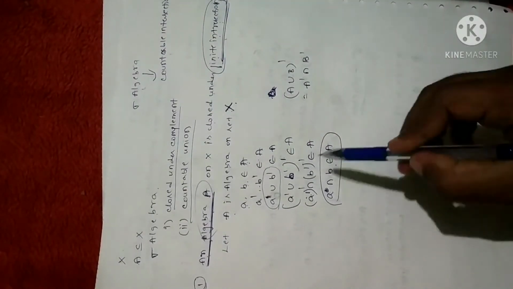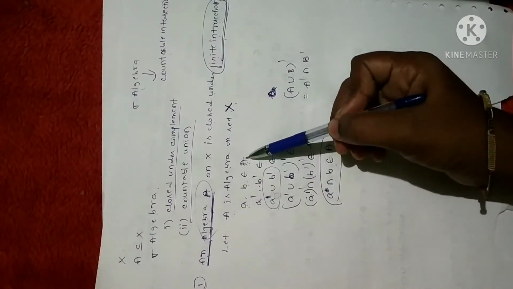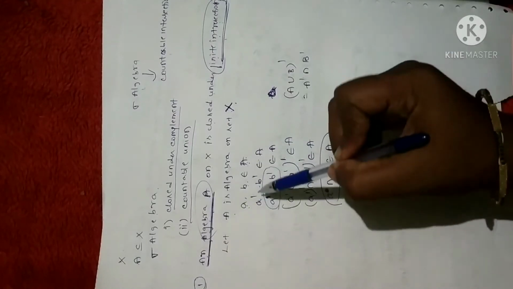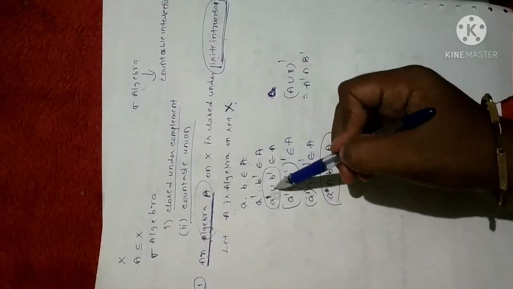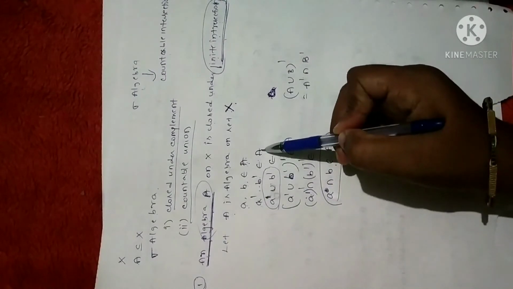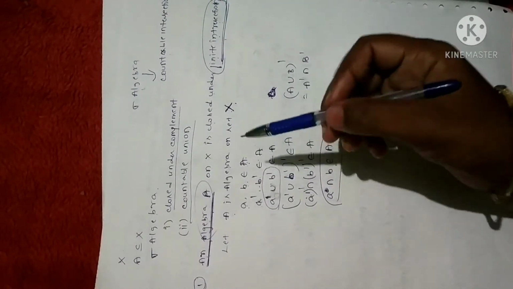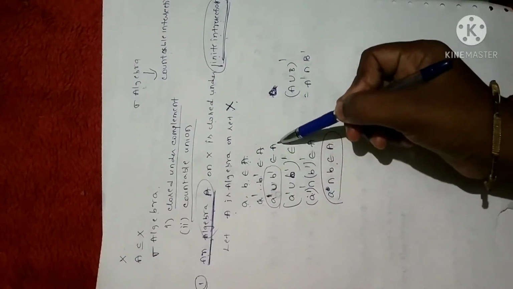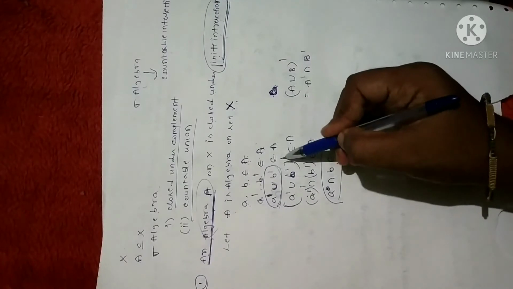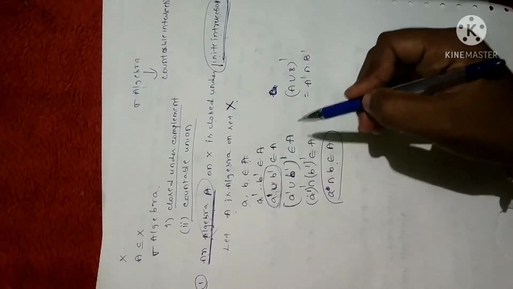Is this clear? So I have chosen two elements in a given set A. Since A is an algebra, as per the definition of algebra, it is closed under complements and it is closed under union. So its complement also belongs to the given subset, and its union also belongs to the given subset. I have taken this as a single element, so its complement also belongs to the given subset.